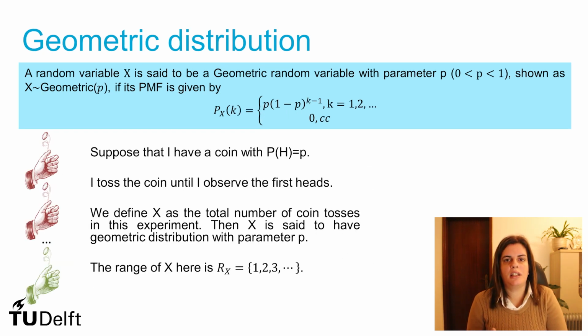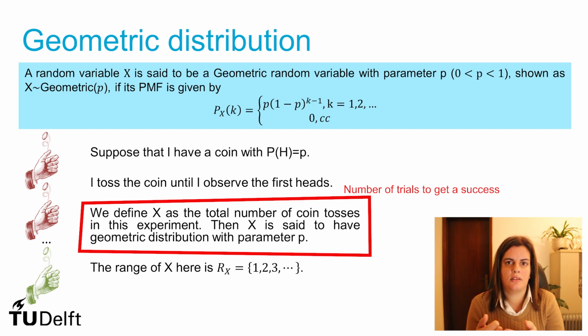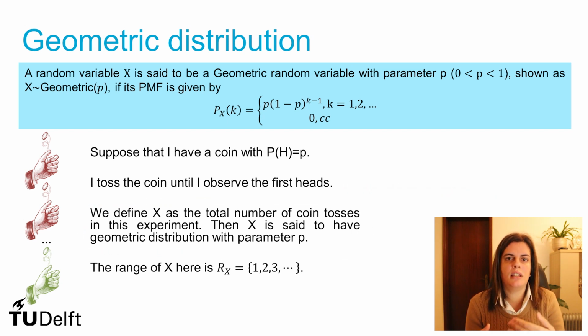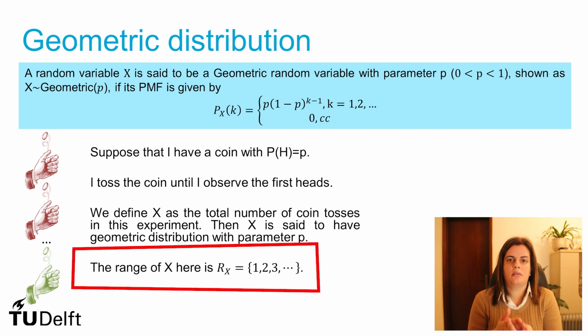The geometric random variable is a little bit more tricky. It has to do with the number of flips that you have to do in order to get a success. So it has to do with more than one trial. You repeat the random experiment until you get a success. In this case, the range is 1 if I get the success in the first trial, 2 if I get it in the second trial, 3, and so on.